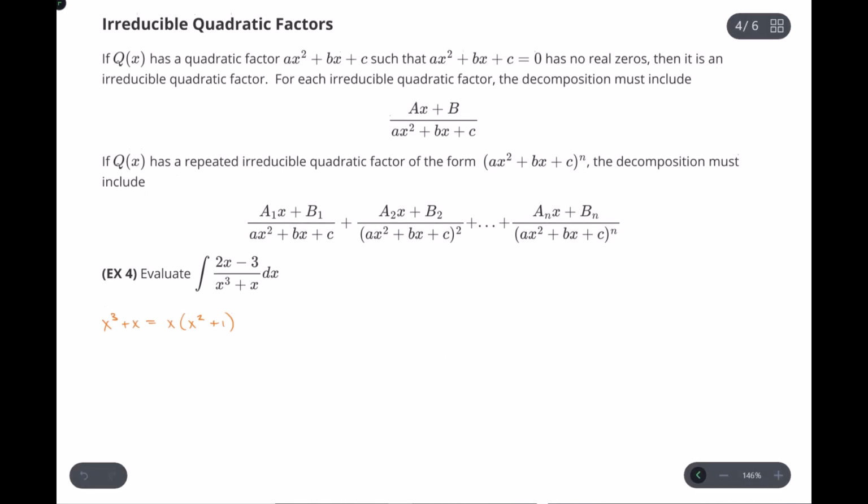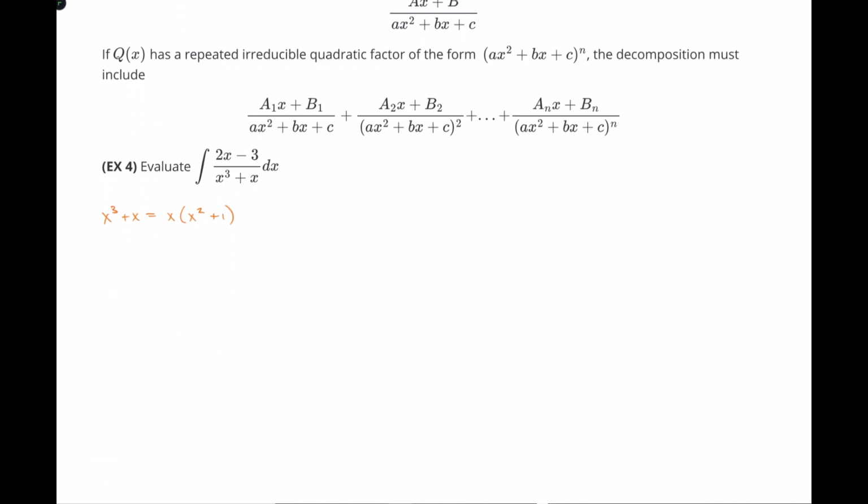So what I'm going to do is leave that as is, and then I'm going to take the original 2x minus 3 over x cubed plus x and make up my guess as to what the form of the decomposed rational should look like.